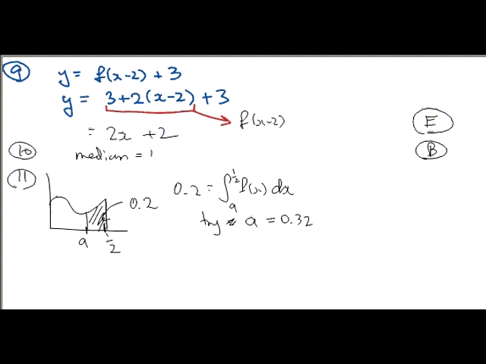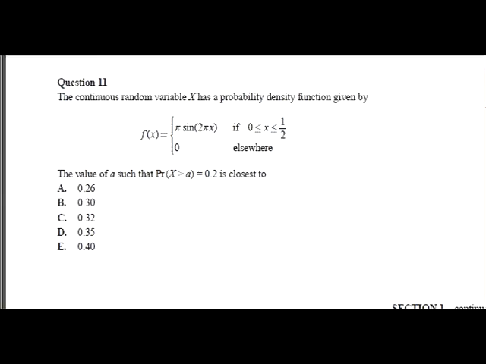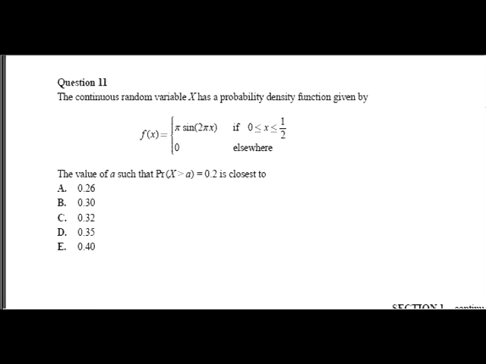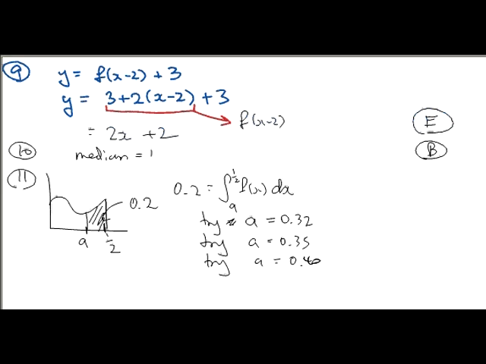Your area is too big. That means you need to get your number higher. When your number is higher, you're closer to half, so the area will be smaller. Try 0.35, and you'll find that you're very close. But maybe just try that top one just in case, and you'll find that you're further away. And so this one is the winner, and you'll find that the answer to 11 is D.